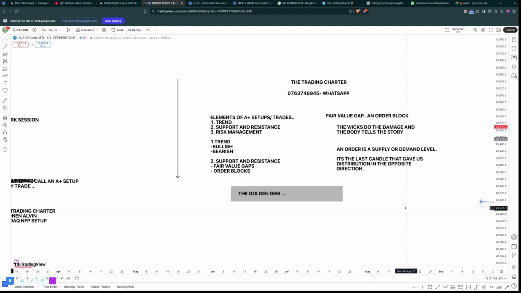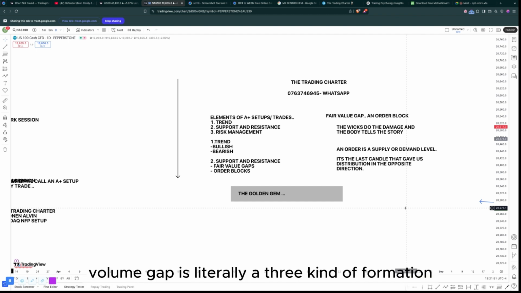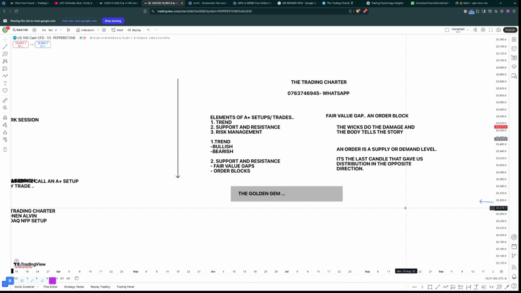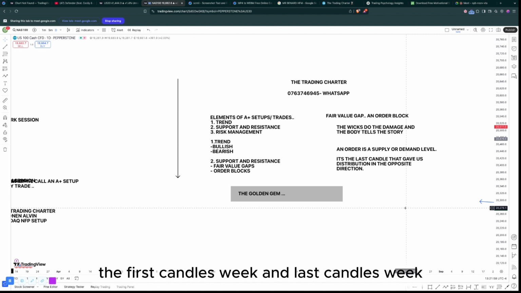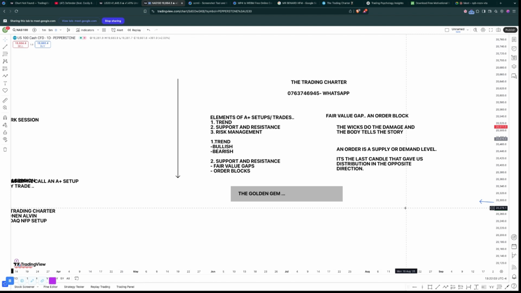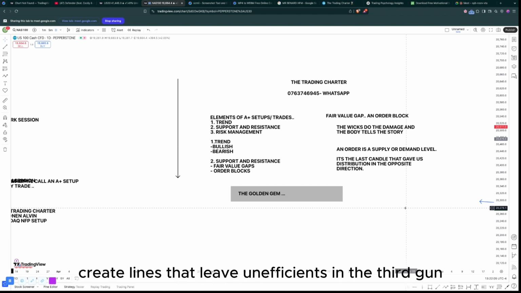So a fair value gap is literally a three candle formation pattern in which the first candle's wick and the last candle's wick create lines that leave an inefficiency in the third candle.